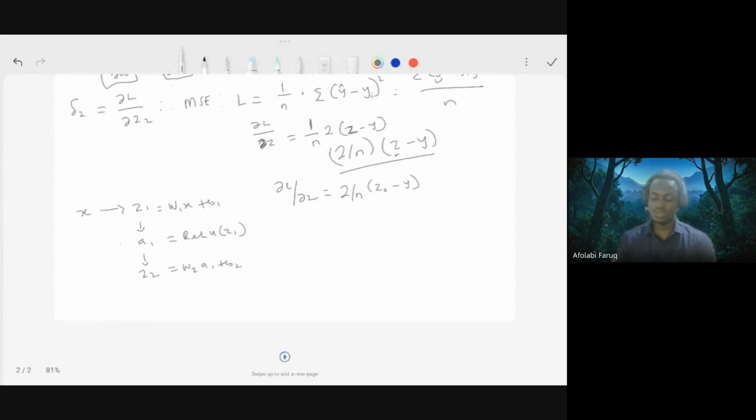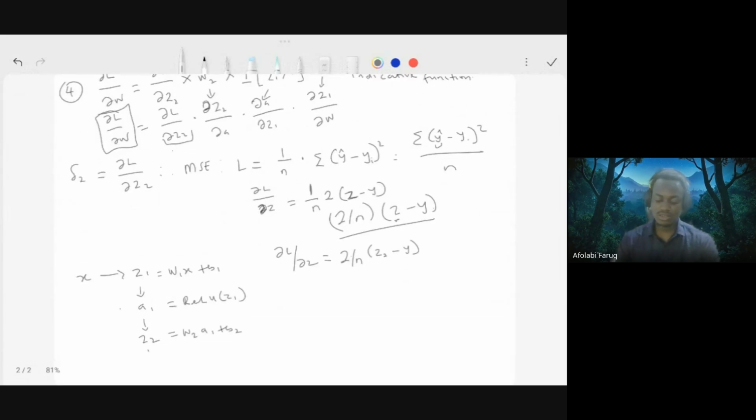Then we have the loss. This is the forward pass. When we compute the gradients, we do the partial derivatives from the output down to the input. That is where we compute our backward propagation.